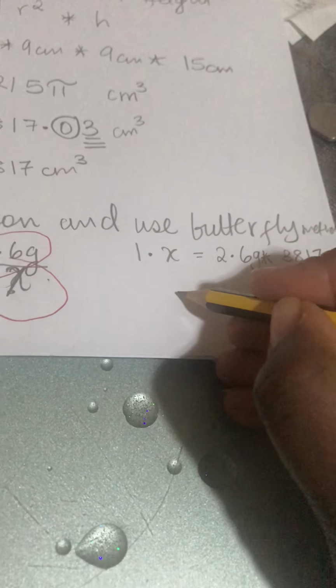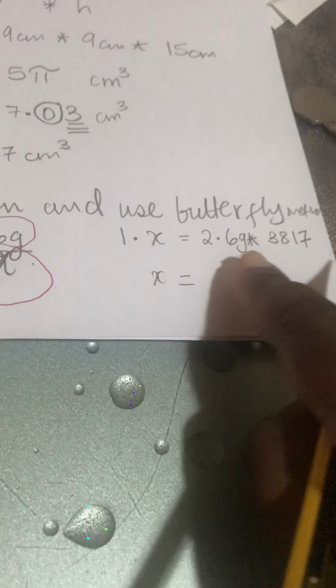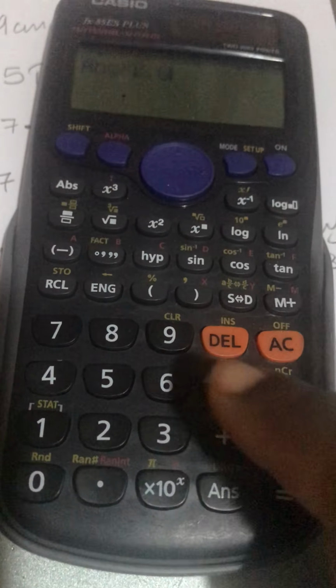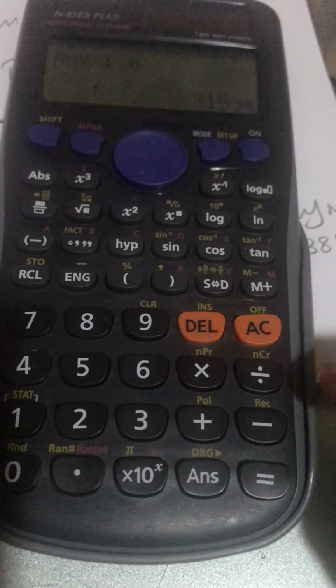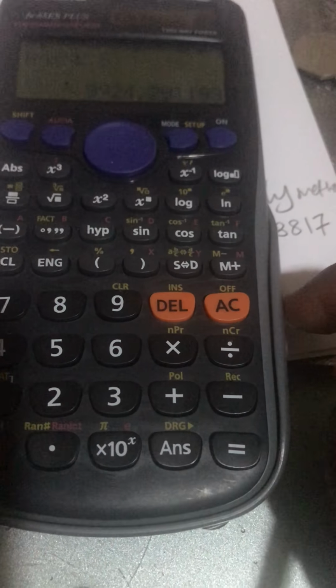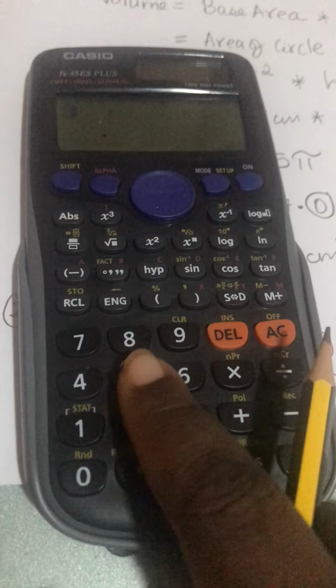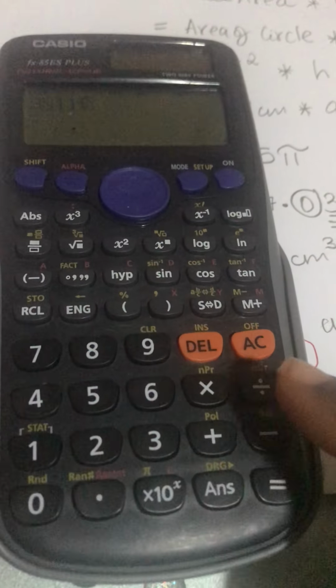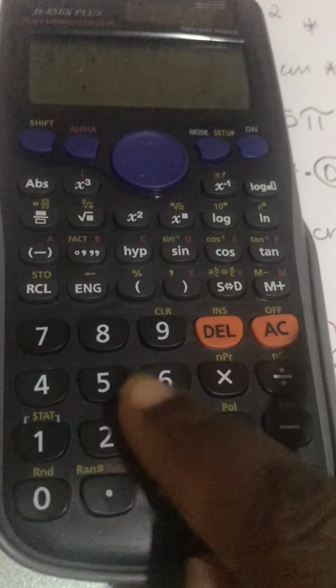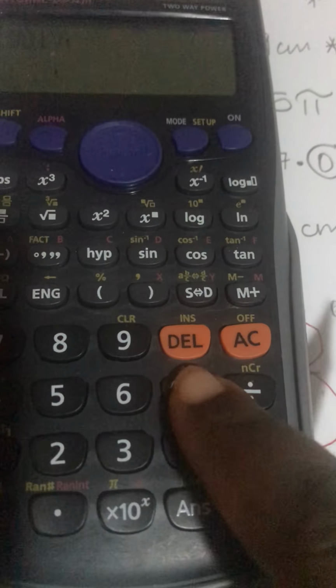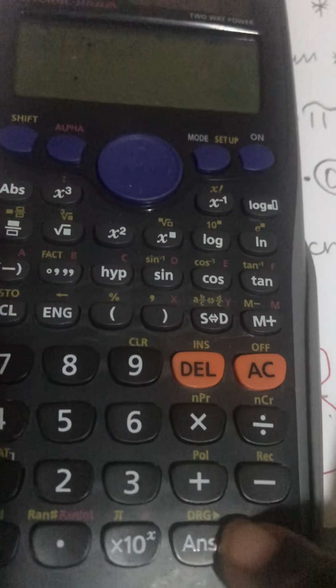So 1 times X is X, and then I multiply these two numbers, 3817 times 2.6.